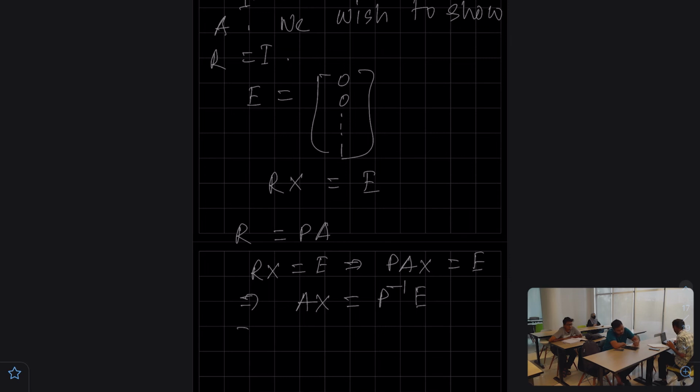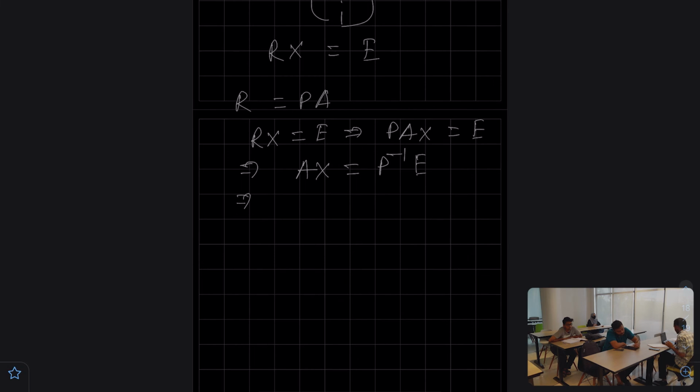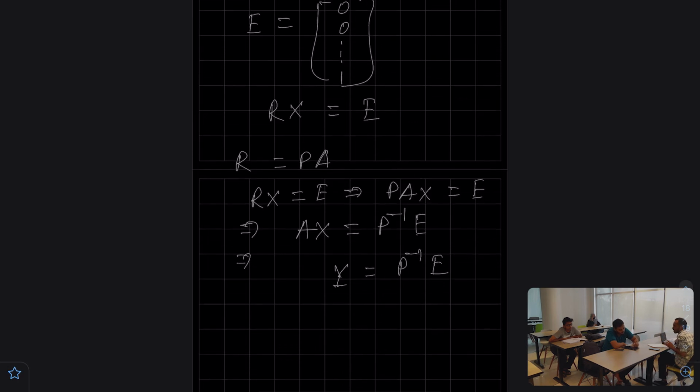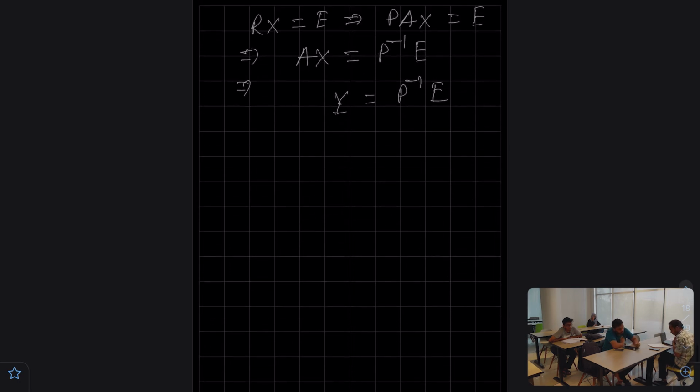Okay, then I can take the Y to be P inverse of E. That means I can actually take E to be 0 0 dot dot 1, and I can construct the Y, right?